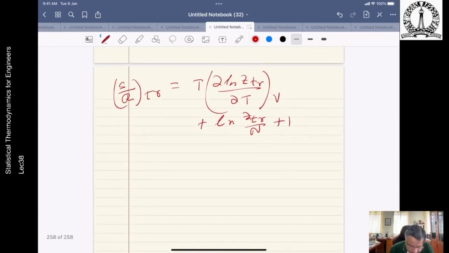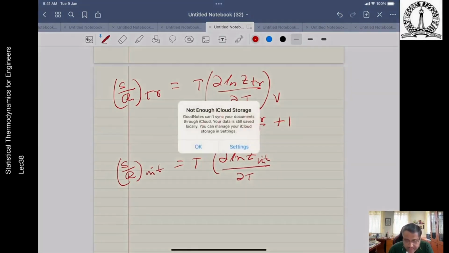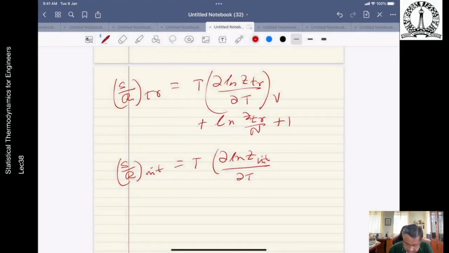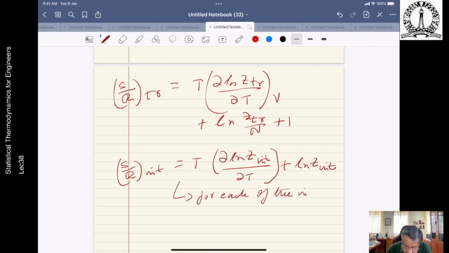And then of course you have the internal mode, which is given as d ln Z internal by dT at constant V plus ln Z internal, for each of the internal modes.